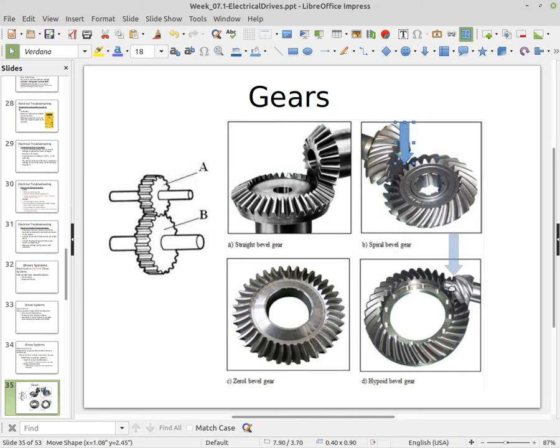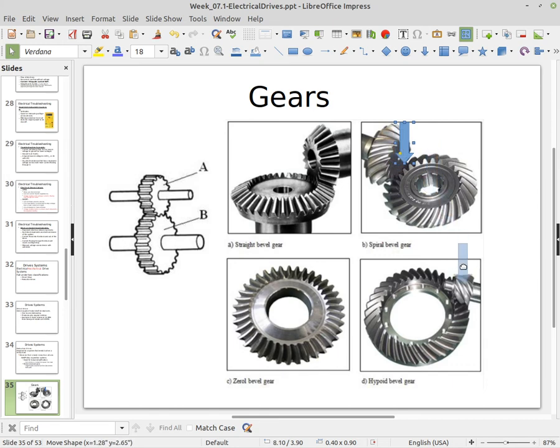We can also, by adjusting the actual type of bevel, an advantage of this, like shown down here in the bottom right corner, is that we can offset the shaft. So you see, like these top two here, we have a 90-degree angle, so we're getting a 90-degree change in angle, but the shaft is in line with the center of the driven gear.